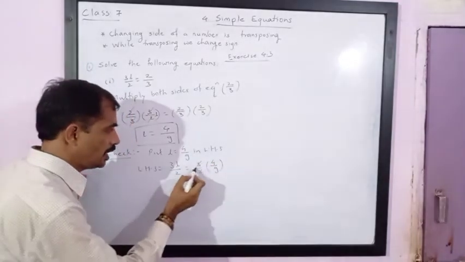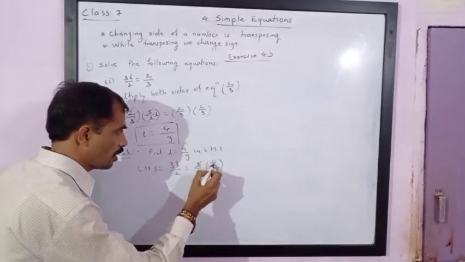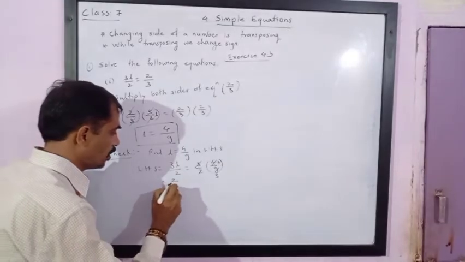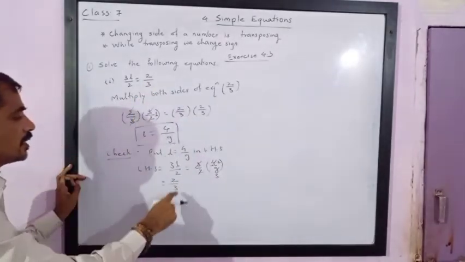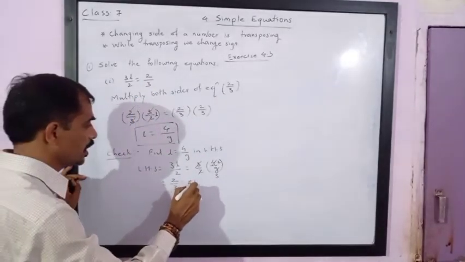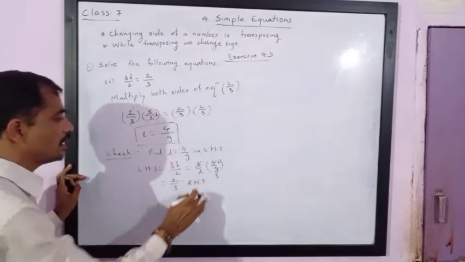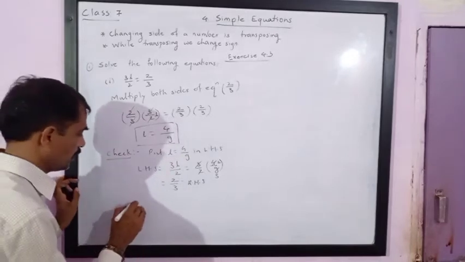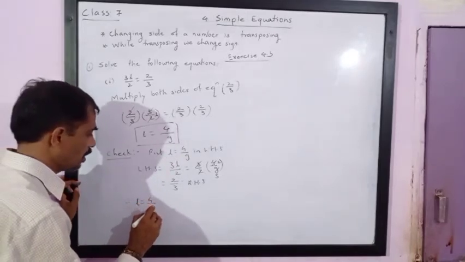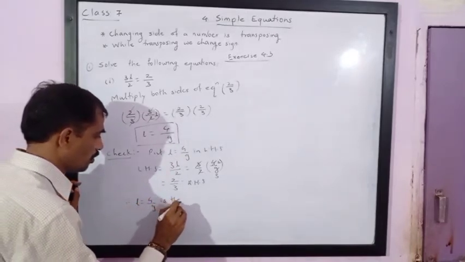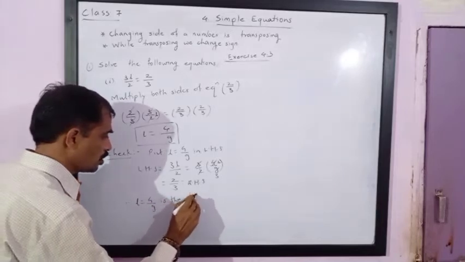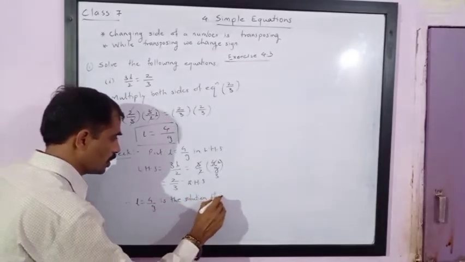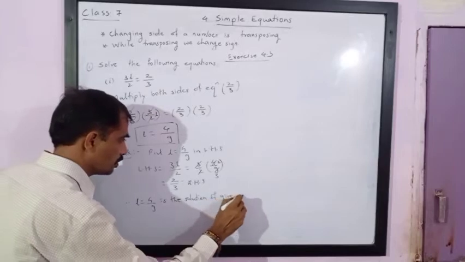You can eliminate: 3 3s are 9 and 2 2s are 4. So you will get the answer 2 upon 3, that is equal to RHS. It means we have got LHS is equal to RHS. It means our solution is correct. Therefore, L is equal to 4 upon 9 is the solution of the given equation.